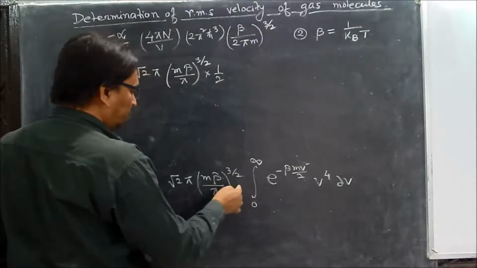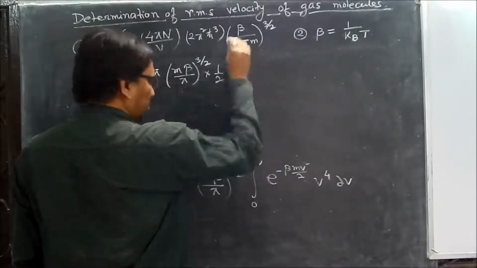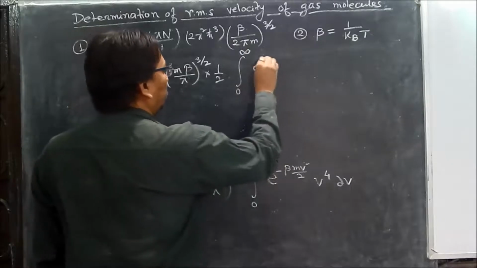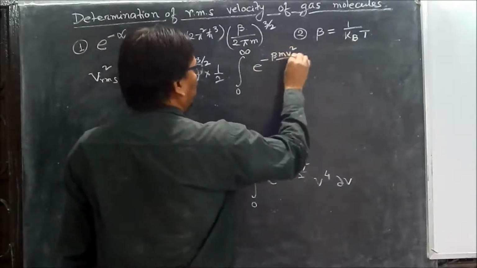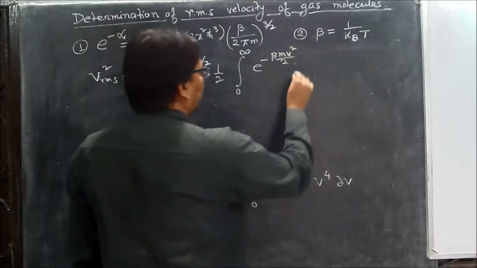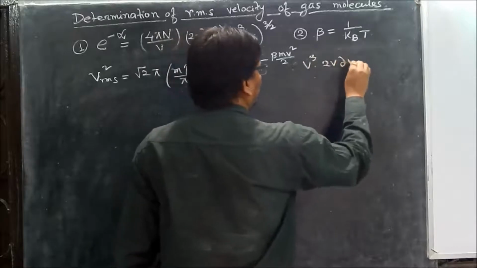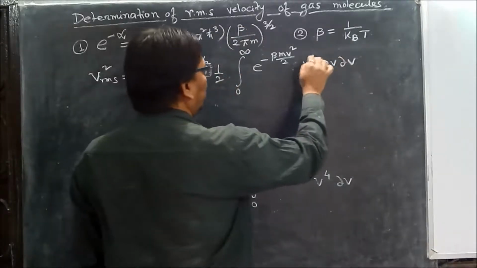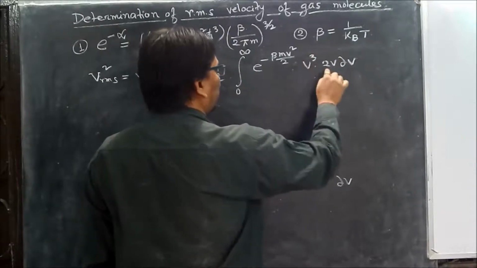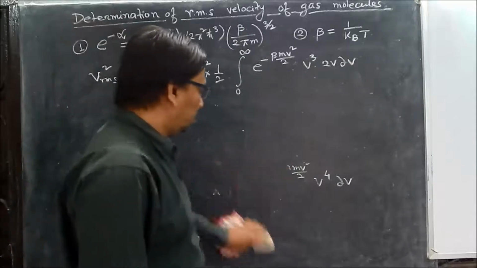If you take half outside here, you can write this as 0 to infinity, e to the power minus beta m v square by 2, and this can be written as v cube and 2v del v. That's why I have taken half here, such that this is actually v to the power 4, but we have taken 2v del v, such that 2v del v becomes actually your del v square.